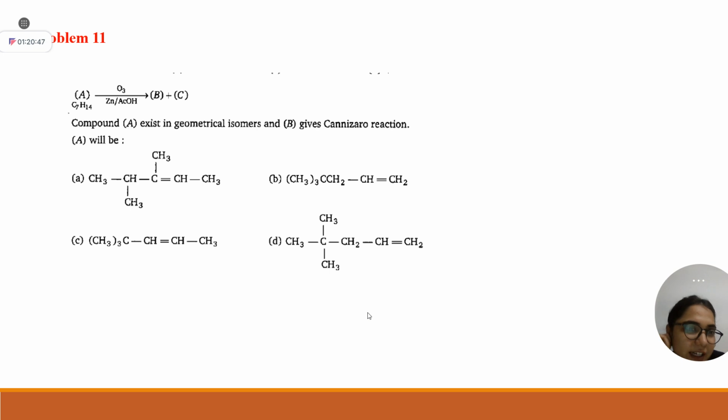In option number A, you are having C7H14 that is undergoing your ozonolysis reaction. You are getting two products. Compound A exists in geometrical isomers, okay, and B gives the Cannizzaro reaction. Would you like to take some time for solving this question, or should I start? Read this question.